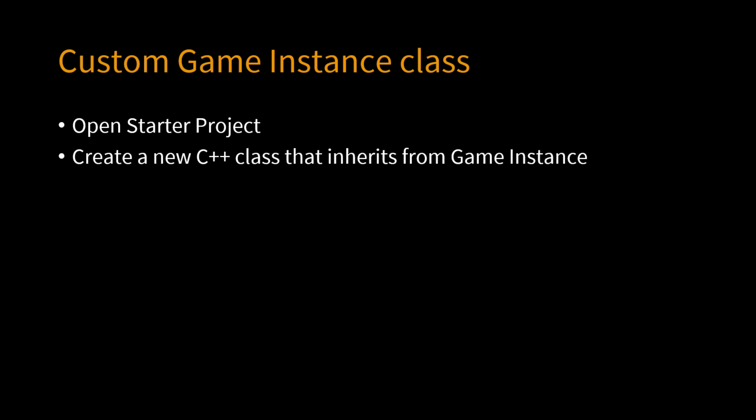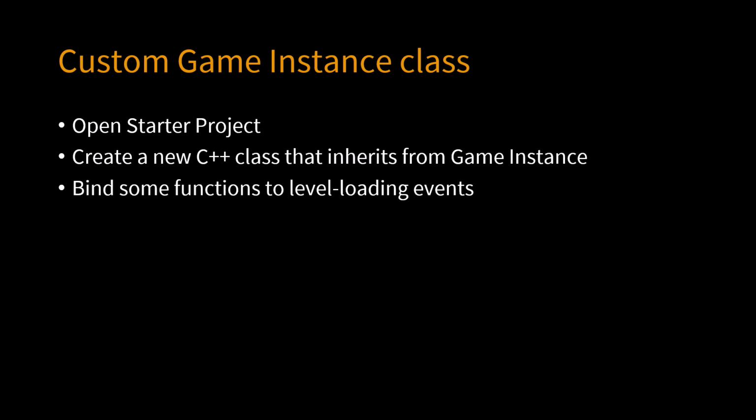First, we'll open the starter project in Unreal Engine. Once it's loaded, we'll create a new C++ class with game instance as the parent class. In our game instance, we'll bind functions to key level loading events. These events will tell us exactly when loading begins and ends, allowing us to show and hide our loading screen at the right moments.